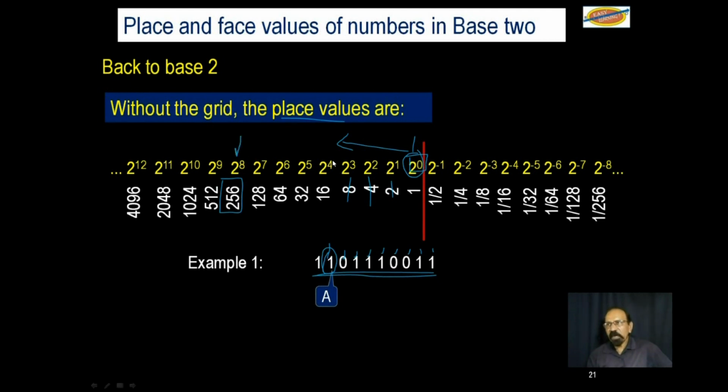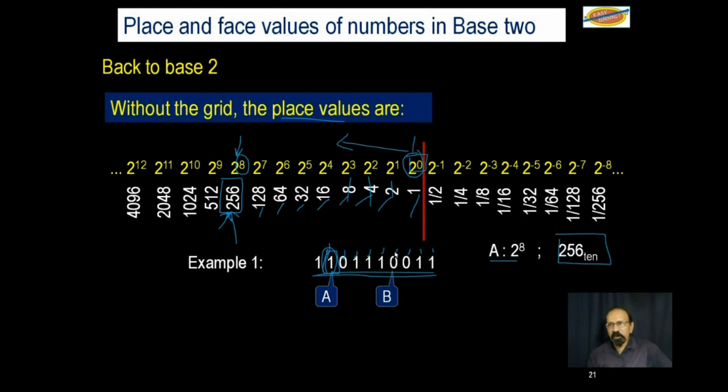So it is actually here. So the place value of this 1 is 2 to the 8, or in this 256 position. It is in the position 2 to the 8, which in base 10 is 256.